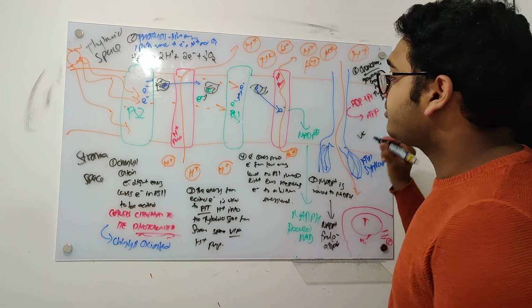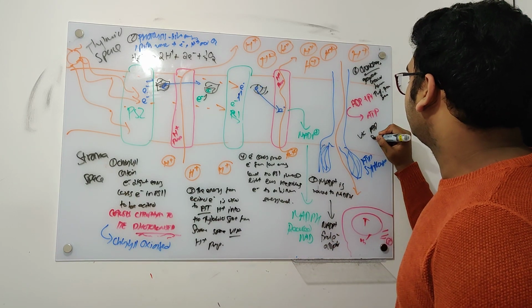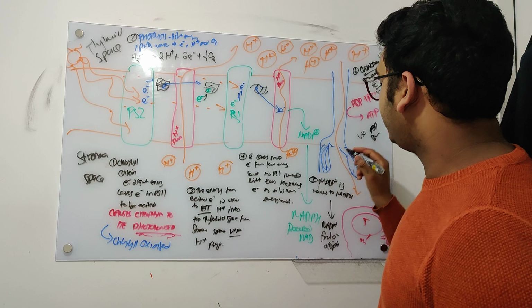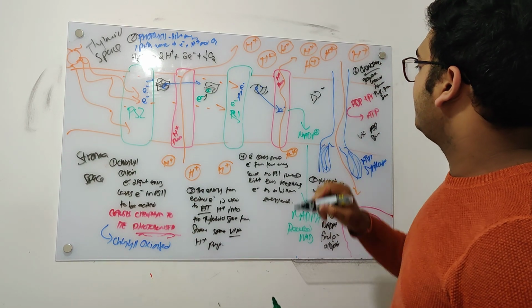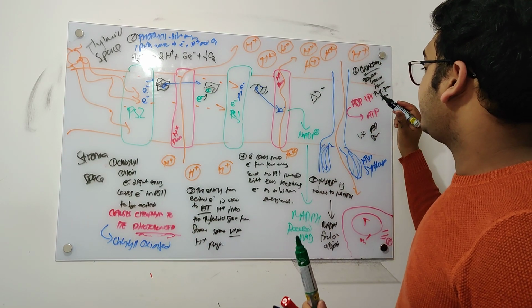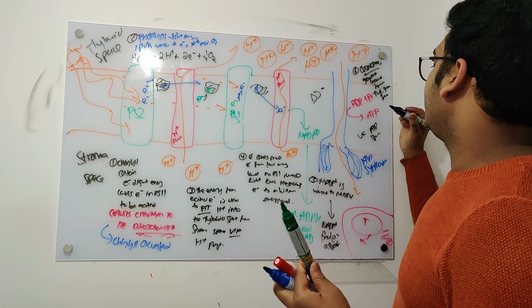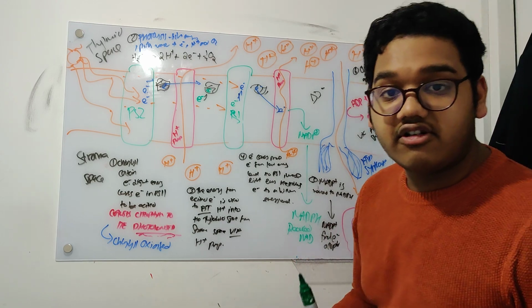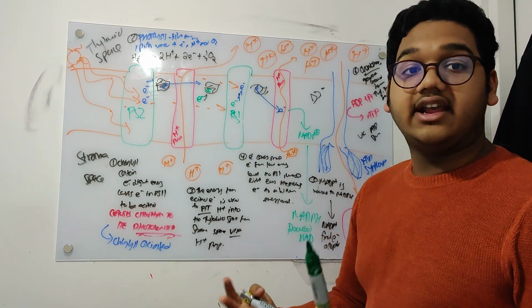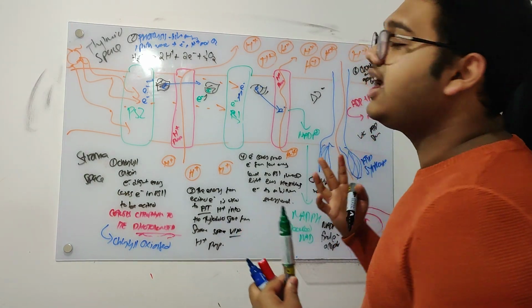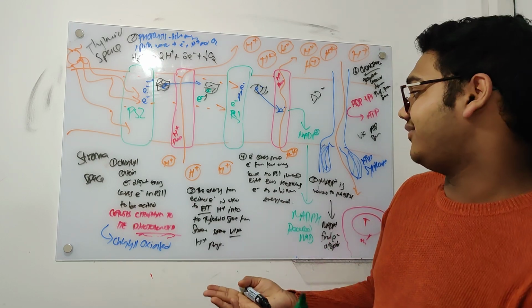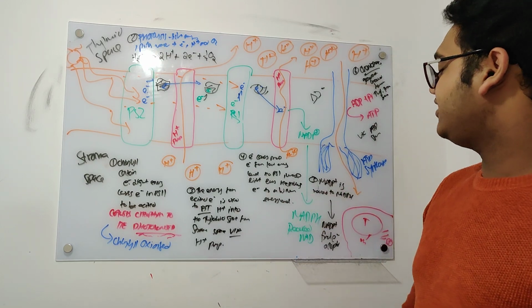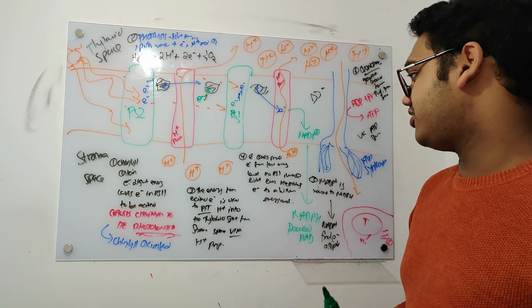I'm really sorry, I ran out of space. That causes a change in tertiary structure, which causes the phosphorylation of ADP into ATP via the inorganic phosphate. Remember what phosphorylation means? Phosphorylation means adding a phosphate group to something, and in this case, it's your friend adenosine diphosphate. And we're forming a bunch of ATP throughout this process.